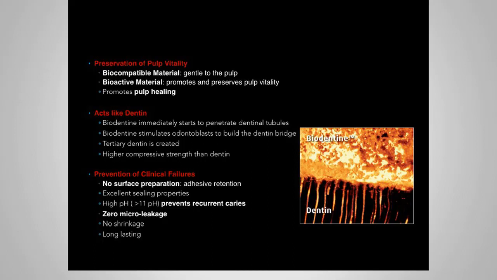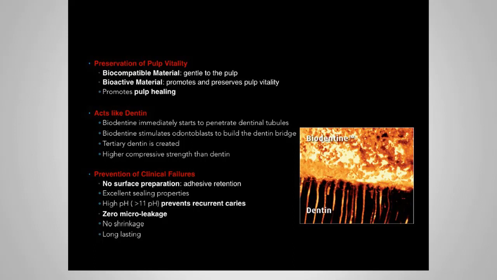It acts like dentin. It starts to penetrate into the dentinal tubules immediately and stimulates the odontoblasts. So you're going to get that dentin bridge to form, and that's what we're looking for. And we get that tertiary dentin, that hard stuff, the stuff where you go in with the spoon and you start to scrape, and it's not going anywhere.